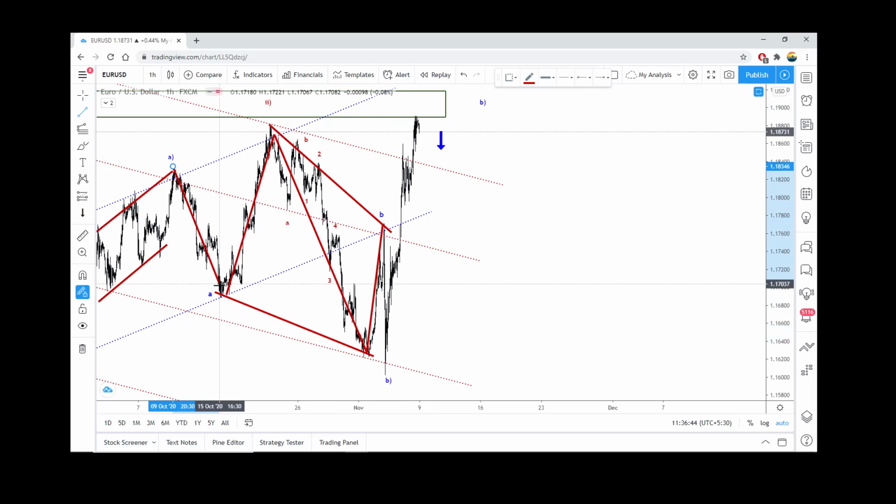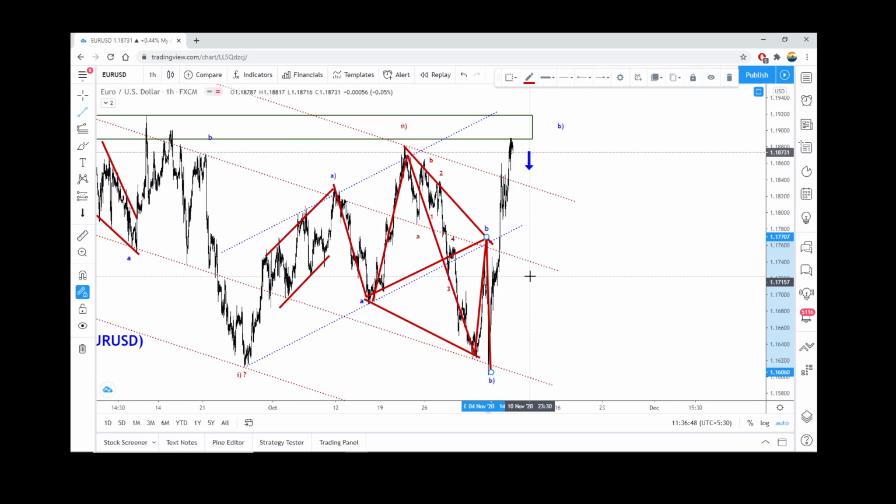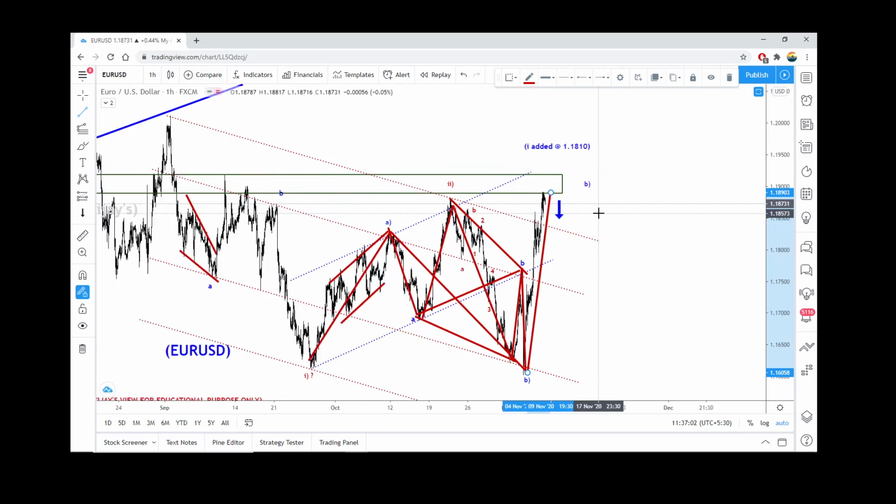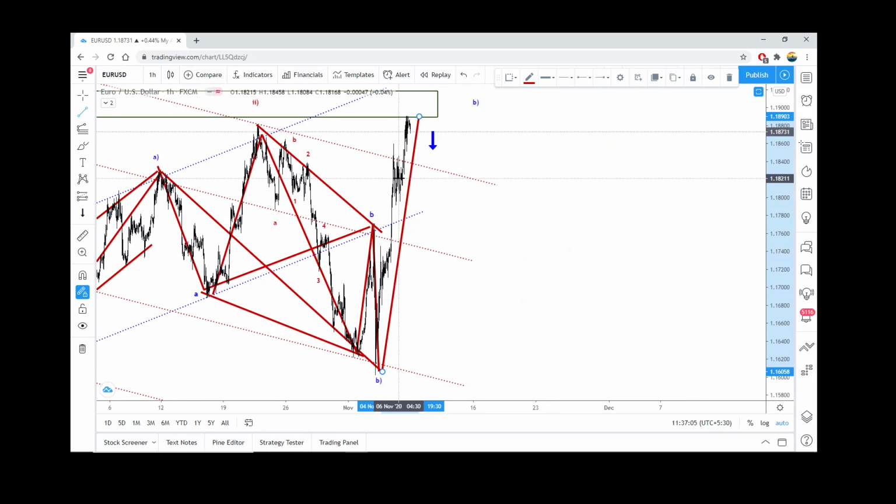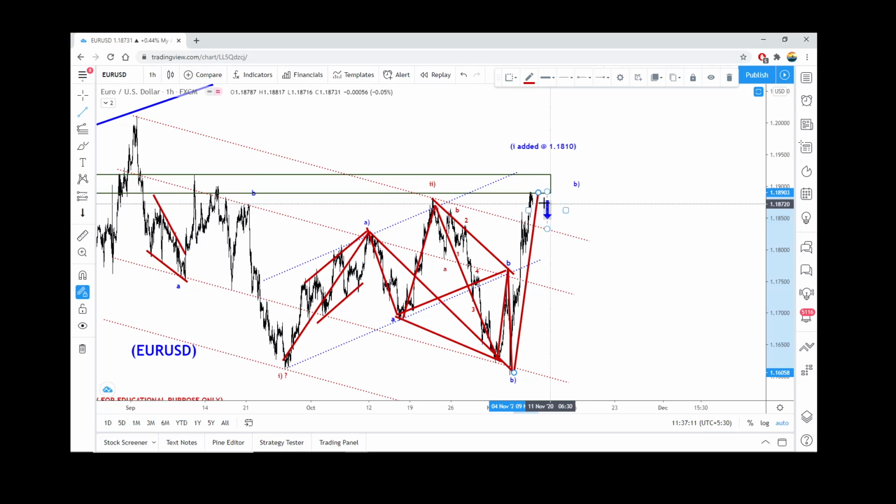So for this A, this is the B and this is the C, and for this A, this is the B and this is the C. So this is a more complex correction here in the B wave. So now I'm expecting the downtrend only, and I added here itself at 1.1810, and again I shorted, but I didn't add anything because I need one more high, which is also possible.